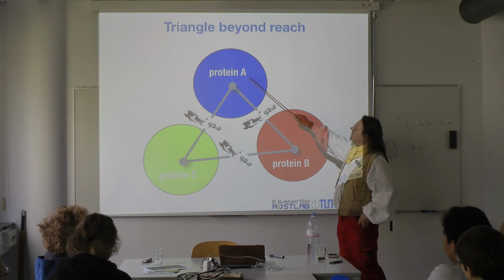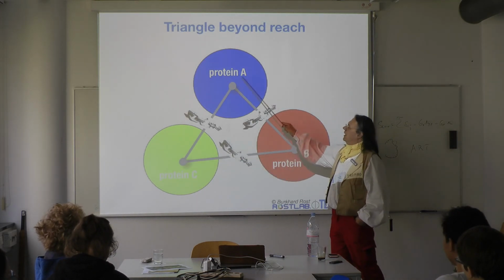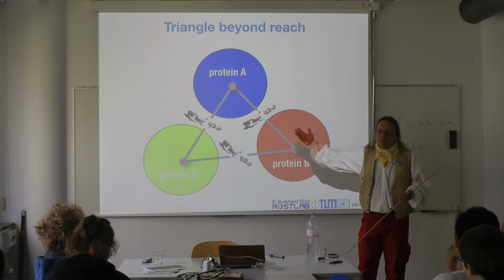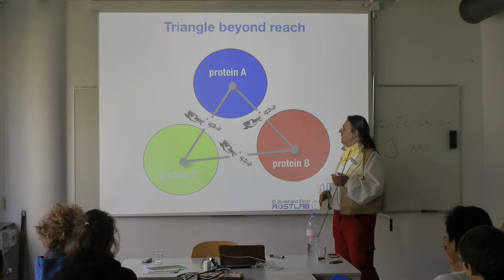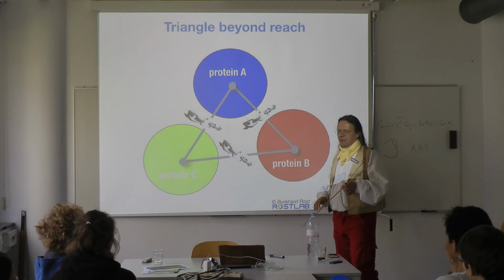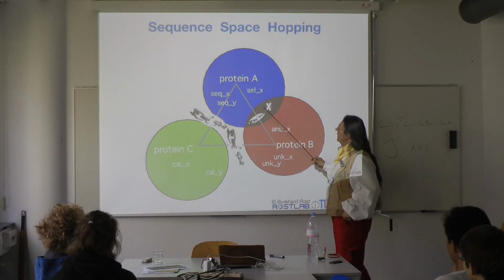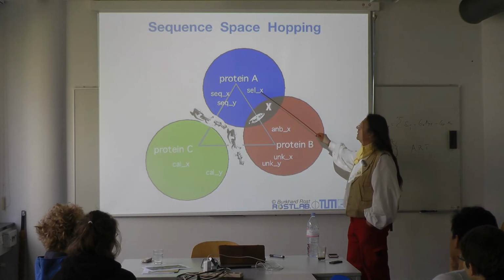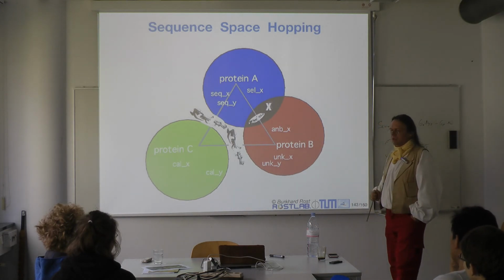Now, assume that I have a protein A, a protein B, and a protein C that are all too far apart for the threshold that I want to take, HSSP value of 0, E-value of 10 to the minus 3. We cannot infer their similarity. But now let's assume that we have another protein X, and that protein X is within the safe zone of A, and the same X is within the safe zone of B.